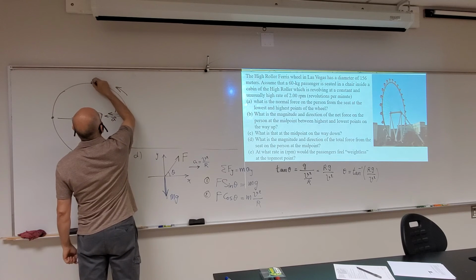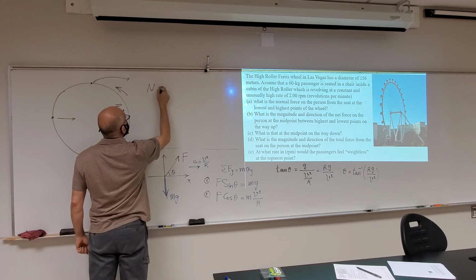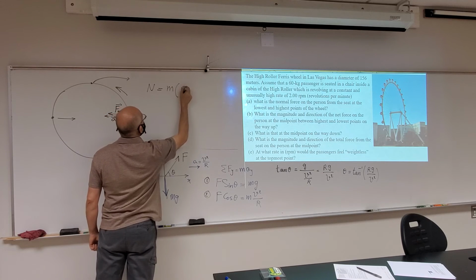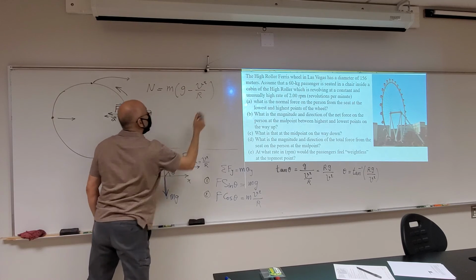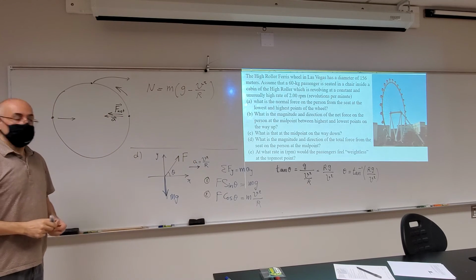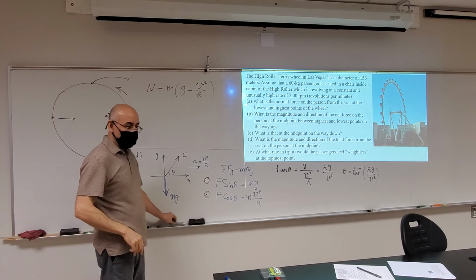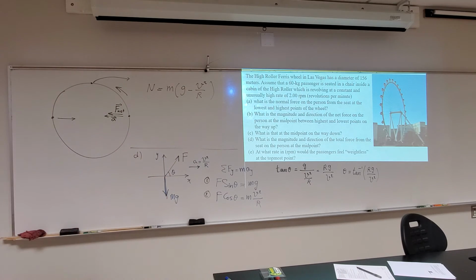At the top, the normal force was m times g minus v squared over r.